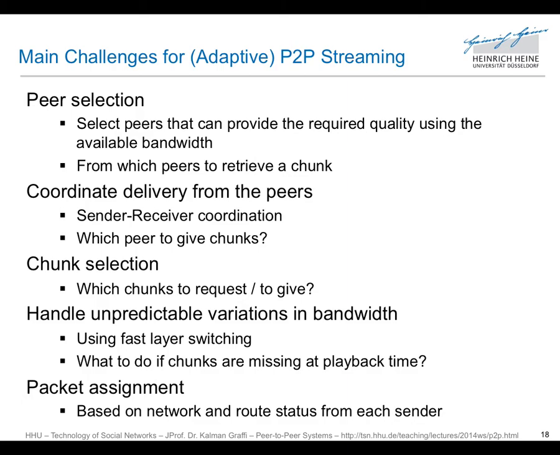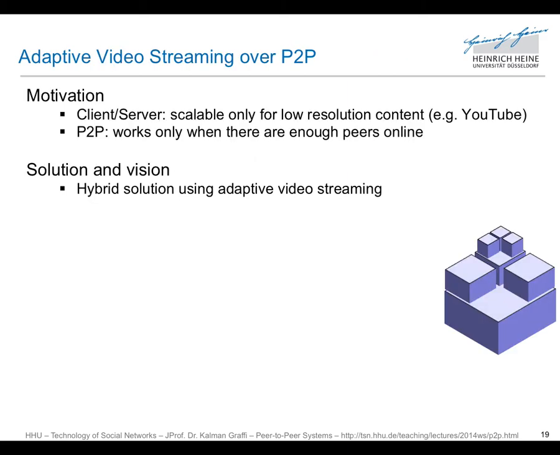And what is adaptive video streaming? The idea is to really support different qualities of a video, so that we don't have only one video stream that the peers share, but the peers should be able to share different levels of quality for the same video stream.